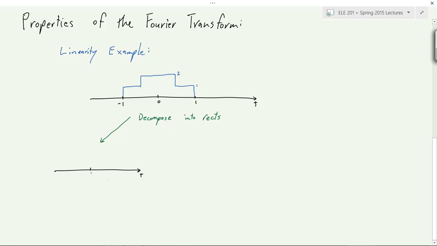You can say it's one rect from -1/2 to 1/2, and another one from -1 to 1.